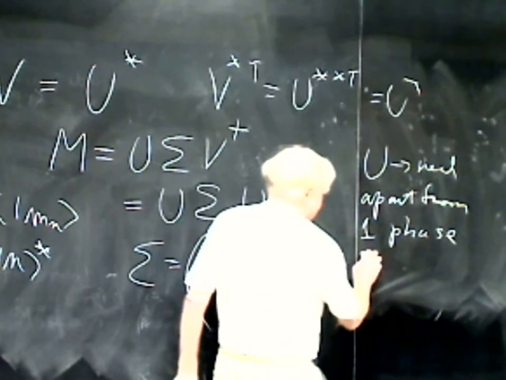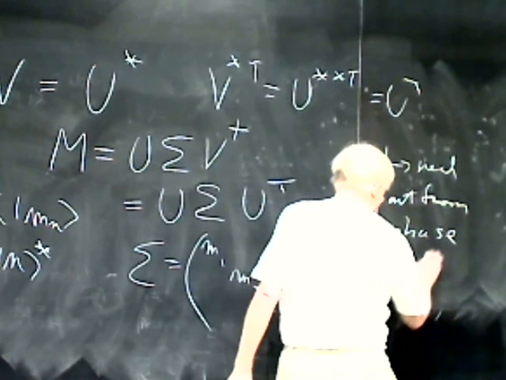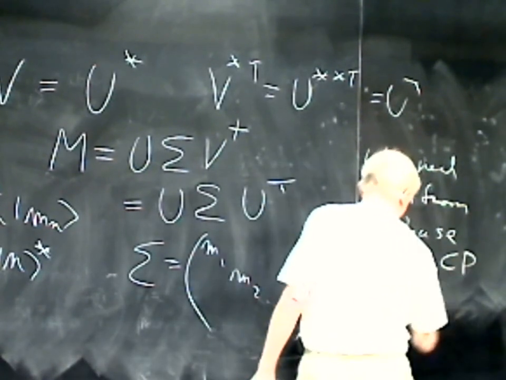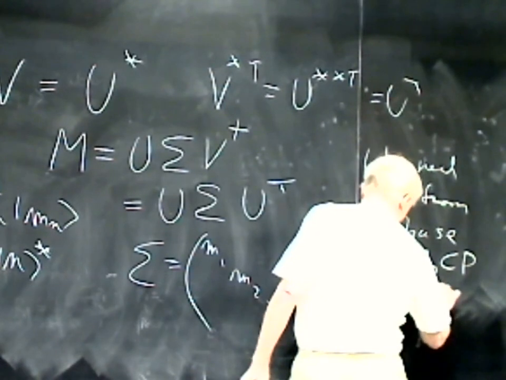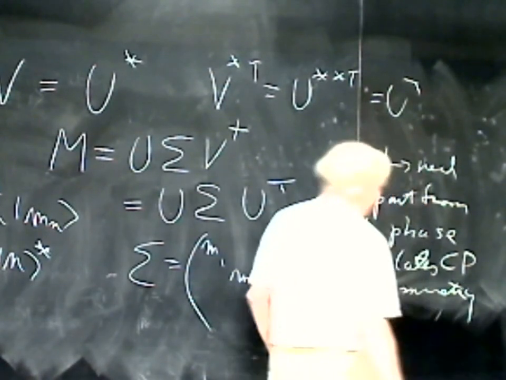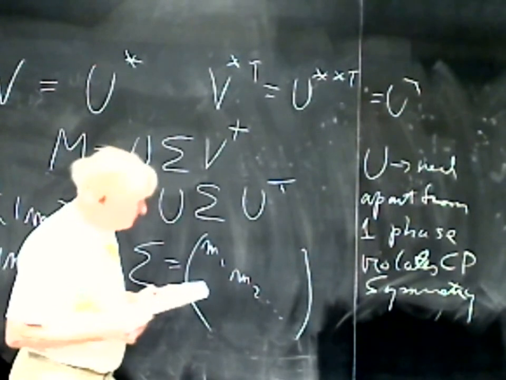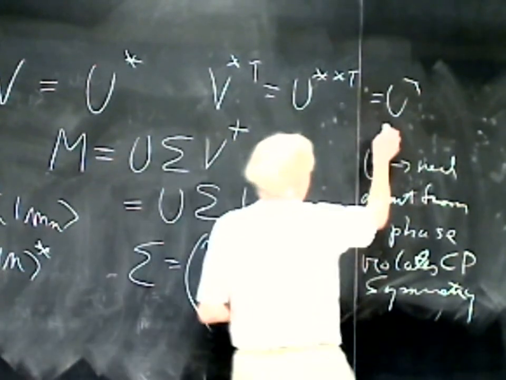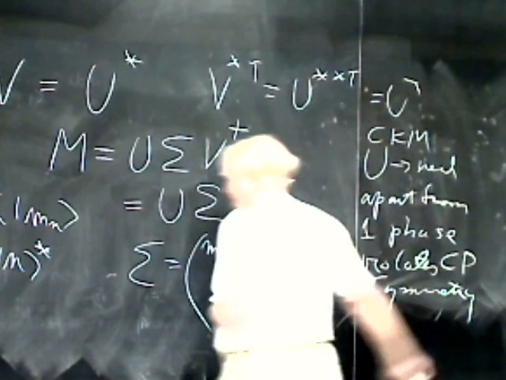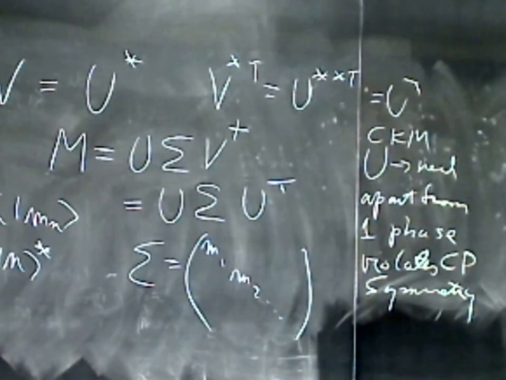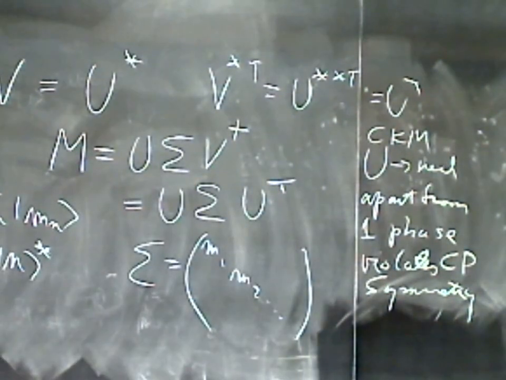So this violates CP symmetry. This matrix is called the CKM matrix, and it's named after the physicists who were instrumental in formulating this.